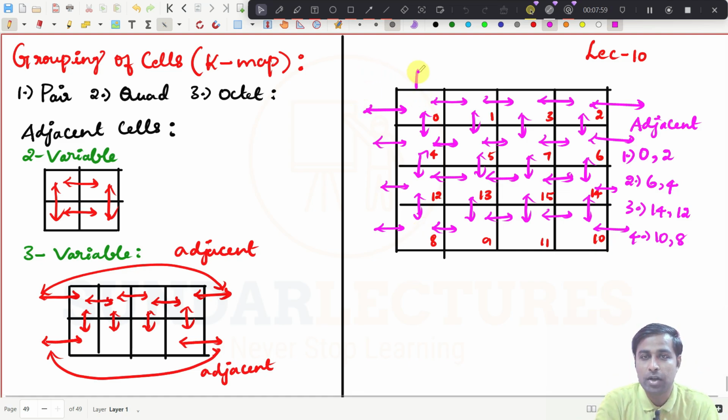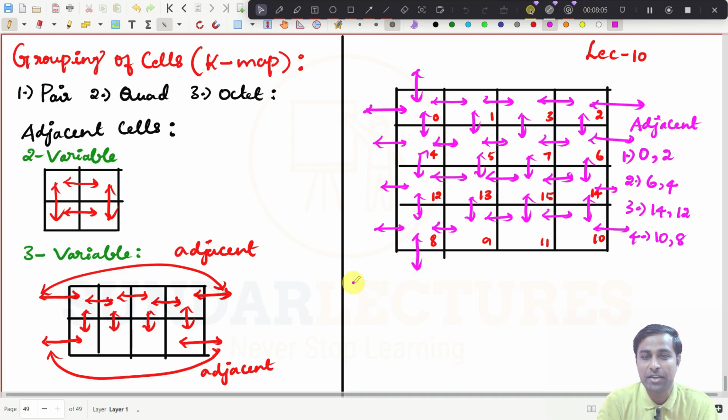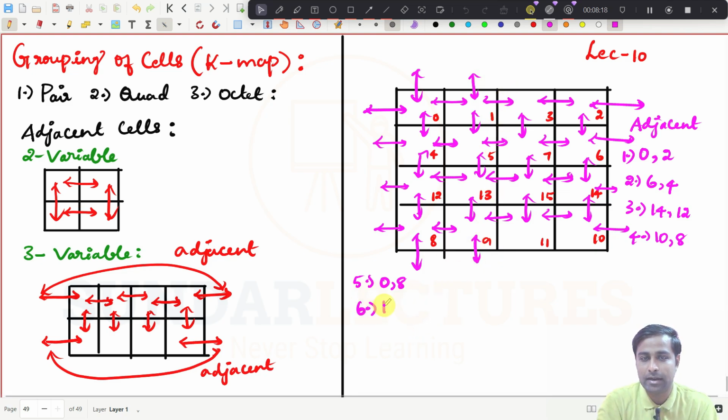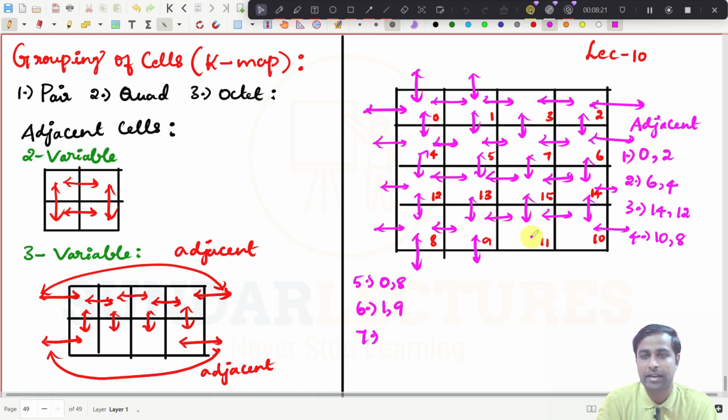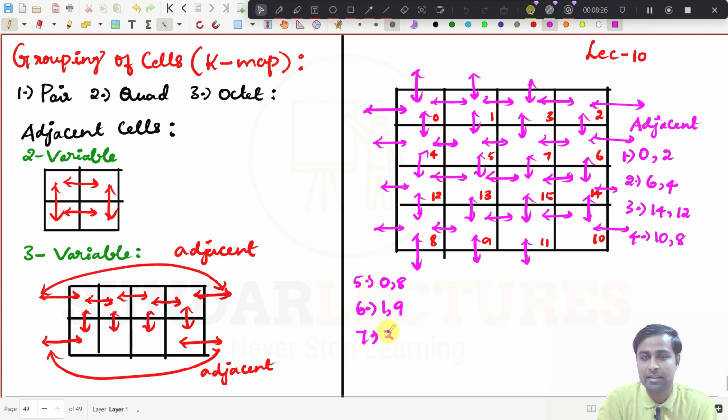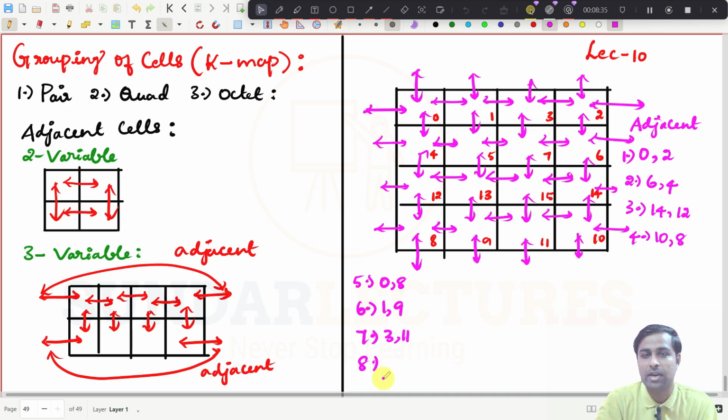So what happens now? This cell and this cell are adjacent to each other. So here I will write number 5. 0, 8 is an adjacent pair, as well as this one, this one. 1 and 9. 1, 9, and the 7th one, 11 and 3 are adjacent cells. 3, 11, and number 8, 2 and 10 are also adjacent to each other. 2, 10, right?